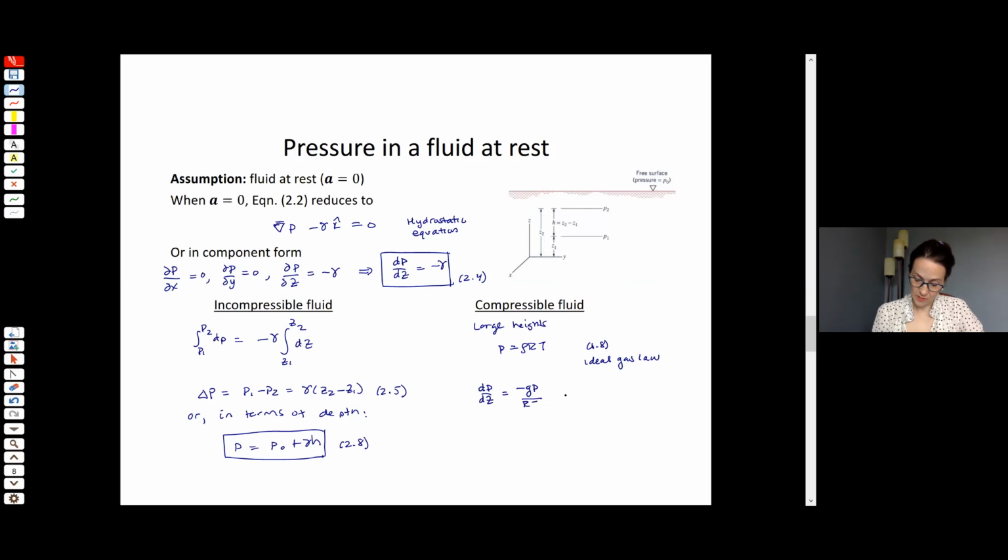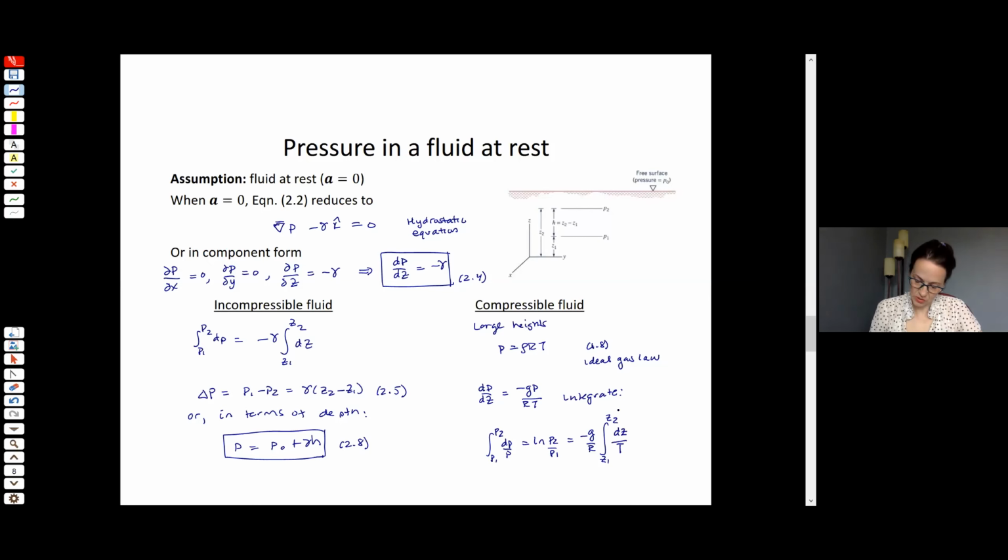Integrate it, and you end up with this expression here.